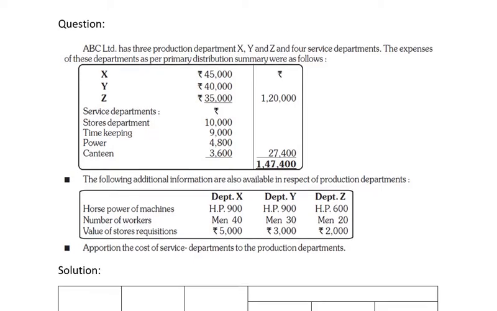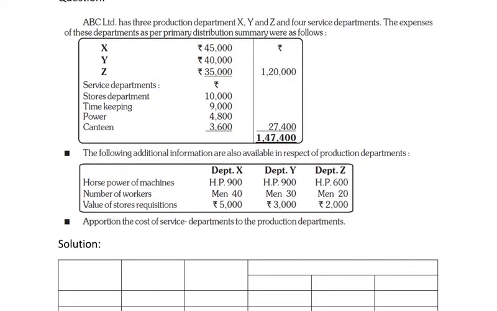Now let's solve it. So first of all you have to make the table. The first column will consist of items, that means you have to show which items are there in the first column. Second column consists of basis of apportionment, that means on which basis we are dividing the items.